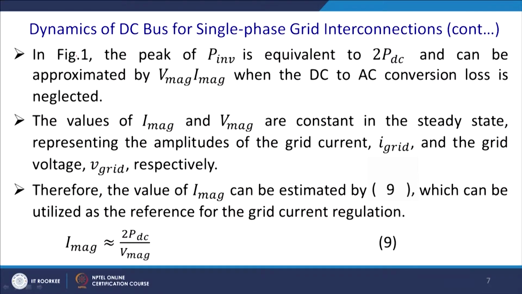The dynamic. So, what we have shown in figure 1, the peak of the INV is at 2 PDC, which you can refer back to the figure, and can be approximated by the multiplication of IMG into VMG, because if you are feeding a resistive load, then that kind of condition comes.